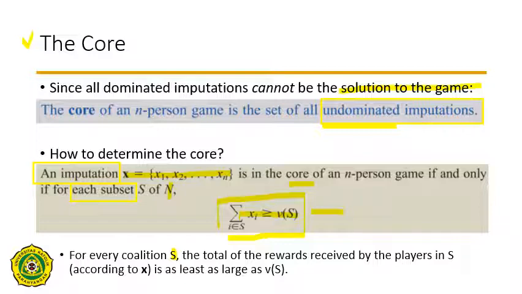It means that the rewards received by the players in any subset S are always at least as large as vS. Why is this the case?